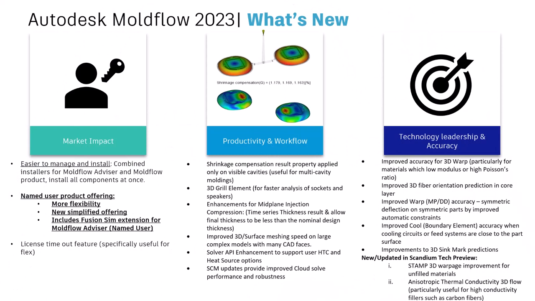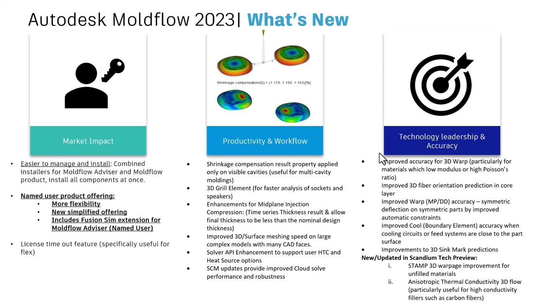Three areas particularly I would be focusing on in this series of episodes: market impact, productivity and workflow, and technology leadership and accuracy. We start with the easier to manage and install, and a new offering. That is what I would be covering in the first episode.